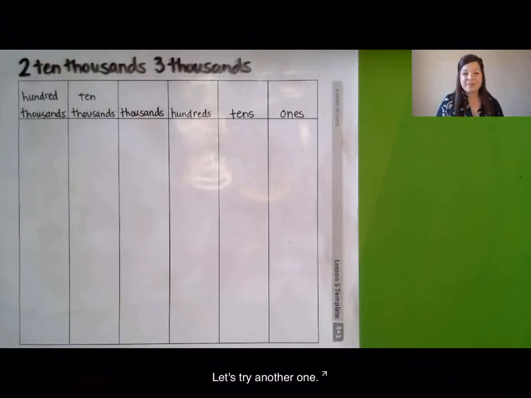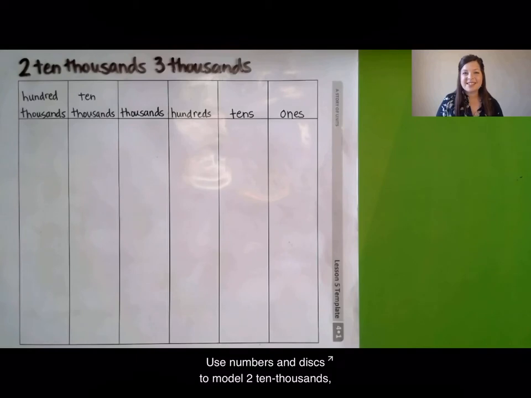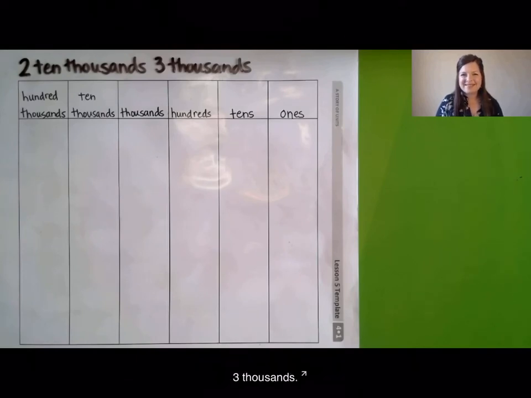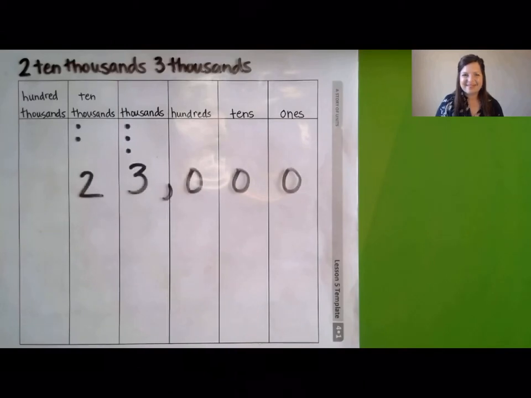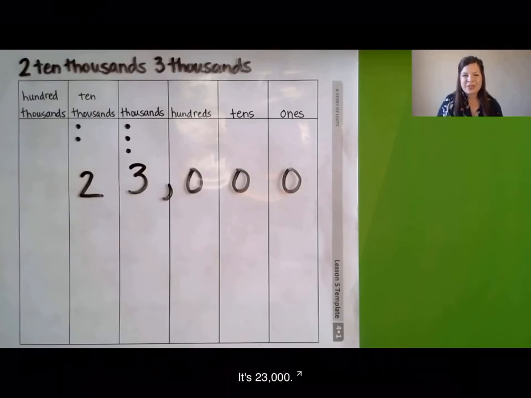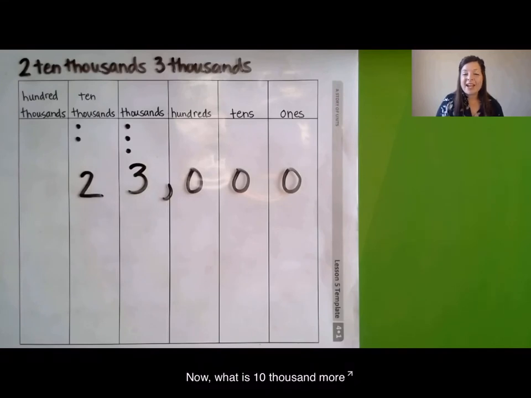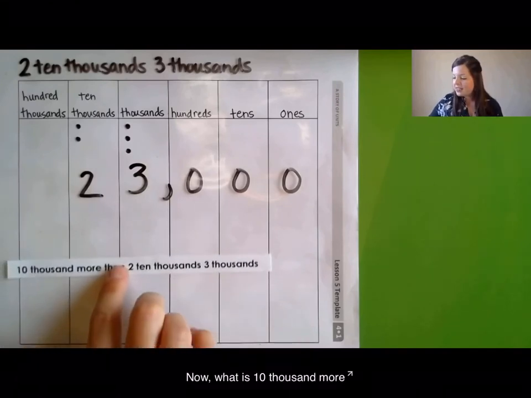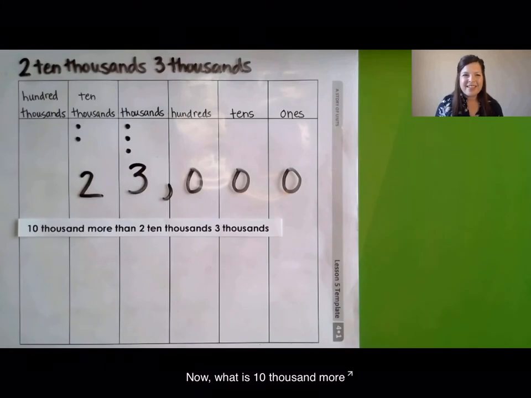Let's try another one. Use numbers and discs to model 2 10,000s, 3,000s. So what is 2 10,000s, 3,000s in standard form? It's 23,000. Now, what is 10,000 more than 2 10,000s, 3,000s?